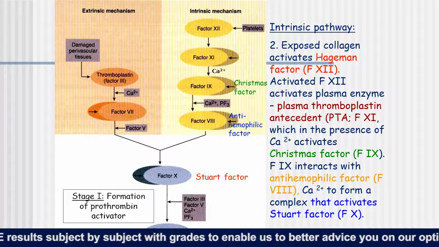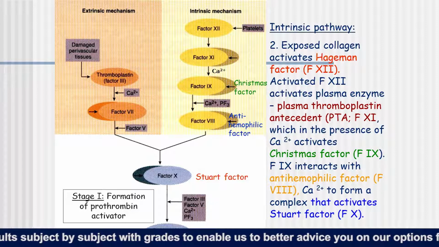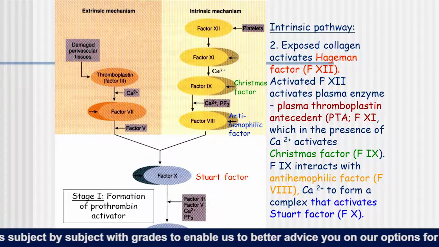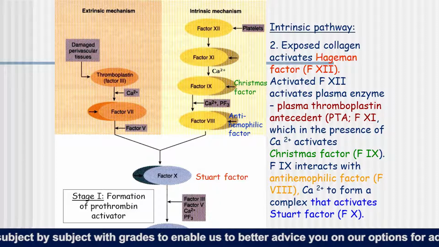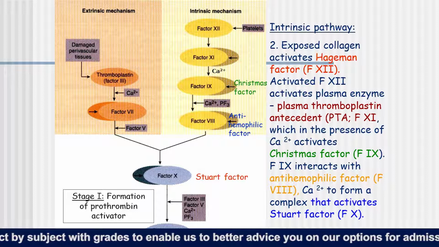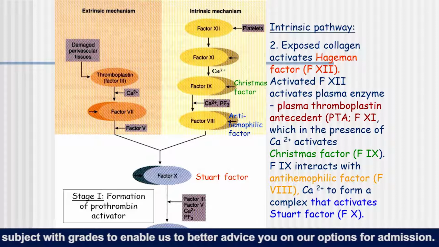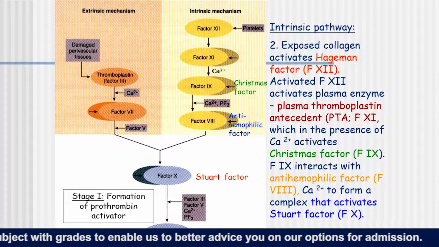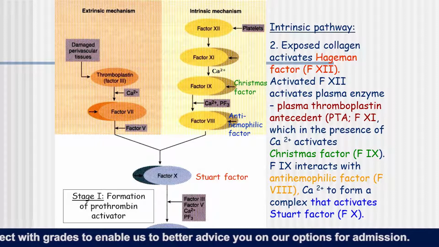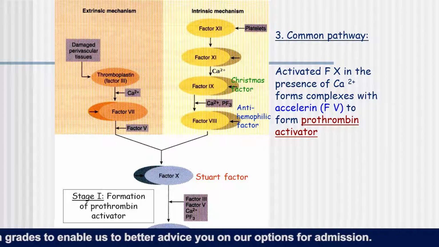They all occur as a result of the extrinsic and intrinsic pathways coming together to form the common pathway with the help of the prothrombin activator, so that prothrombin is converted into thrombin in the presence of calcium ions, so that it will form the clot. The common pathway is activated by factor 10 in the presence of calcium.